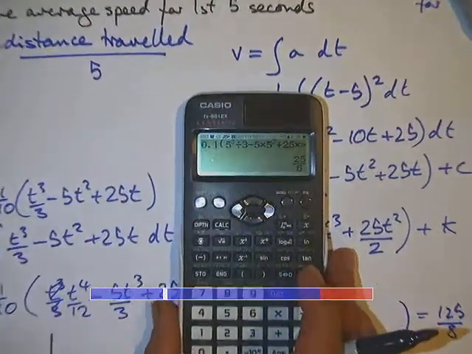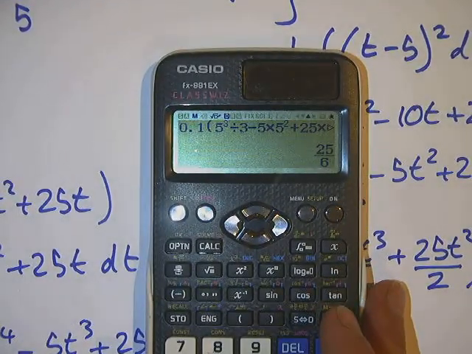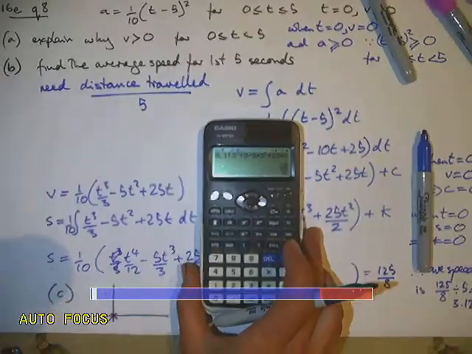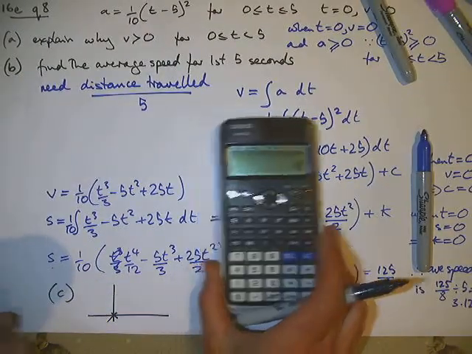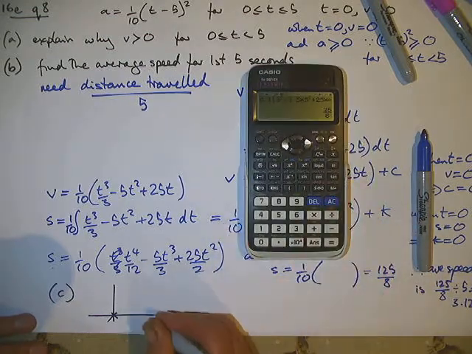So all I've done is I've typed in the actual sum I should have done, and that gives 25 over 6.